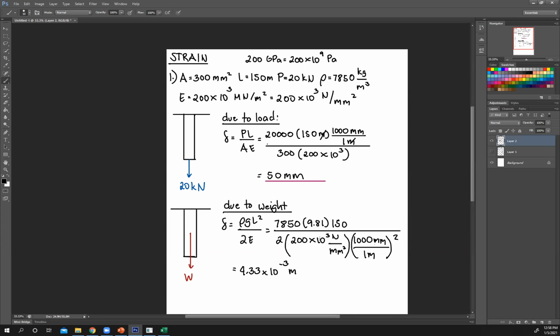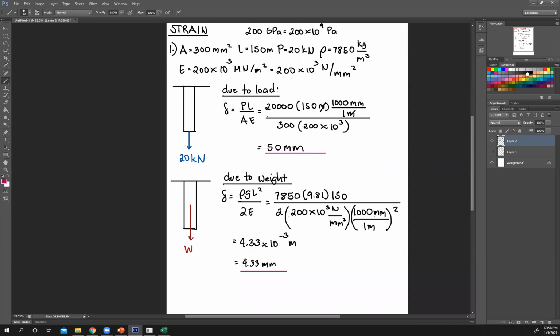Convert that to millimeters, so just divide it by 1,000. Final answer. So therefore, total elongation, let's call that delta t, is just 50 plus 4.33. So finally, it's 54.33 millimeters.